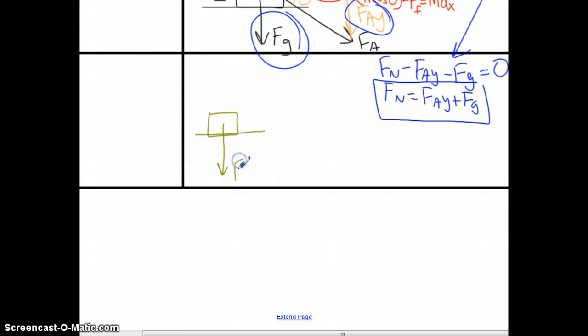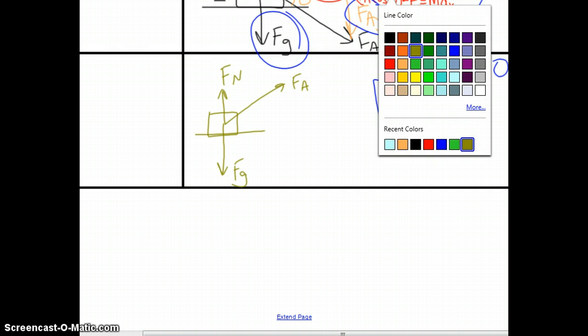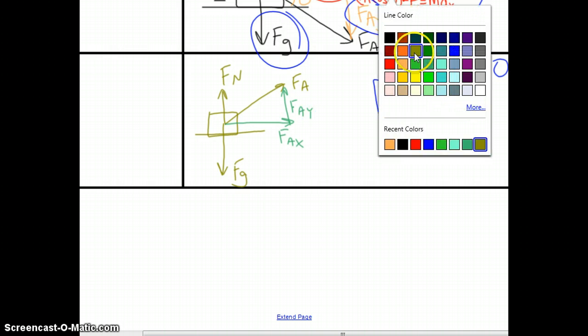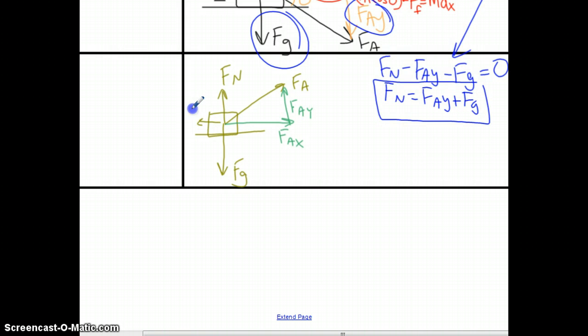Fg, Fn, I'm drawing that Fn small and I'll show you why. I'm pulling up like this. I need to break that into an x and y component. Fax, Fay, what else do I have? Ff.